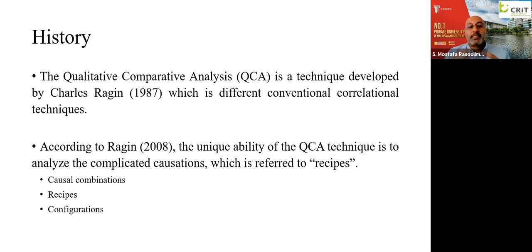We call this combination of variables, combination of factors that are involved in a causal relationship, a recipe or causal combination or configuration. So we have different names for this relationship in QCA.